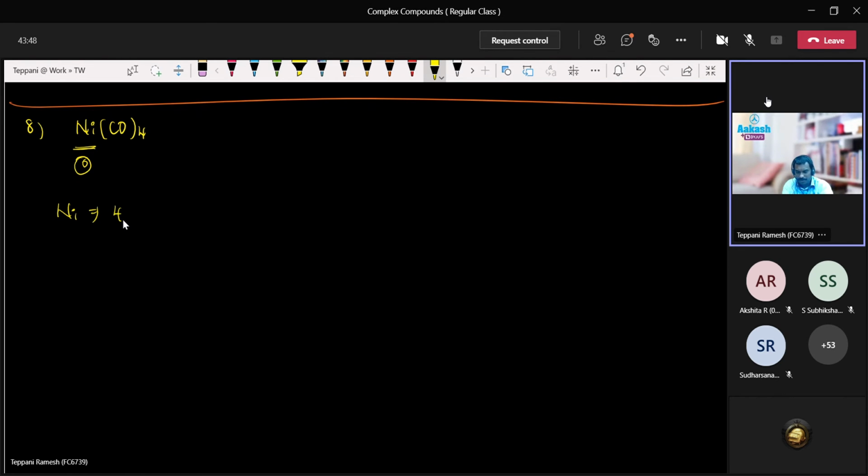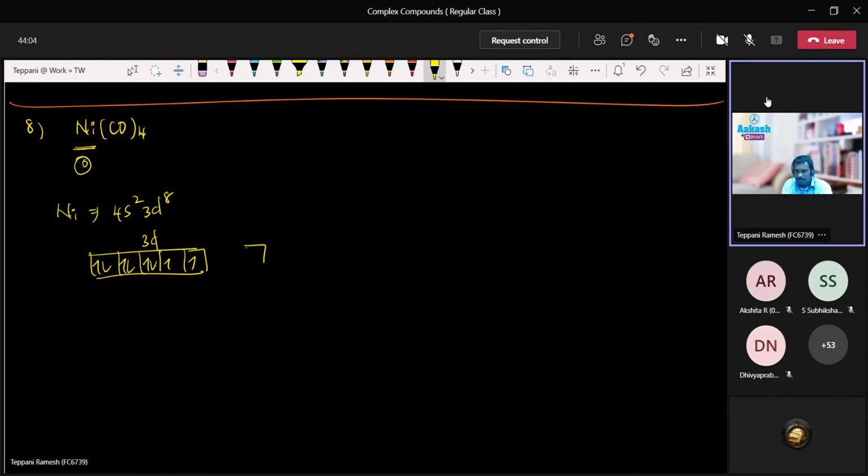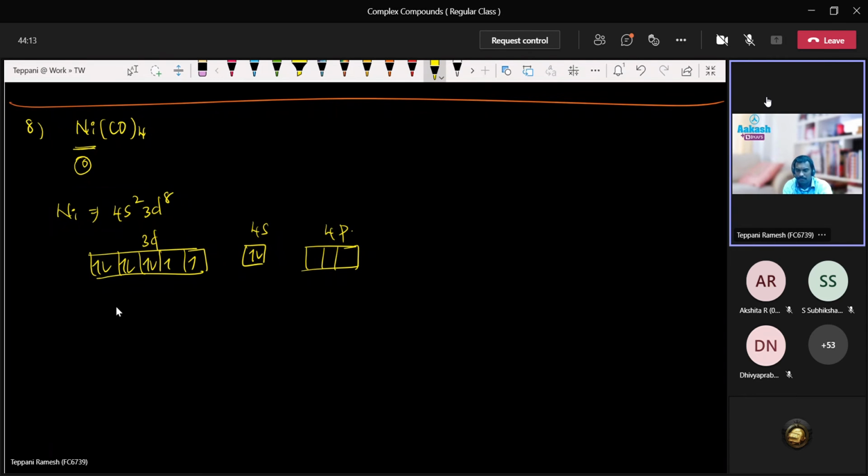Nickel is 4s2 3d8. 3d8: 1, 2, 3, 4, 5, 6, 7, 8. Then 4s and 4p. There are 2 electrons in 4s. Strong field ligand, so electron pairing occurs.